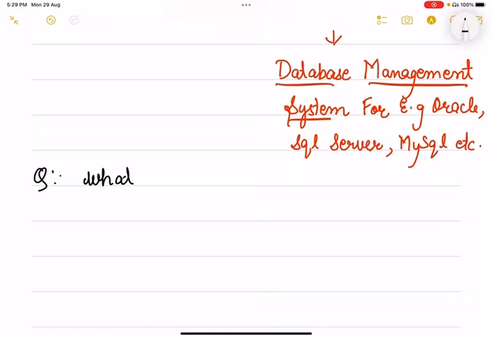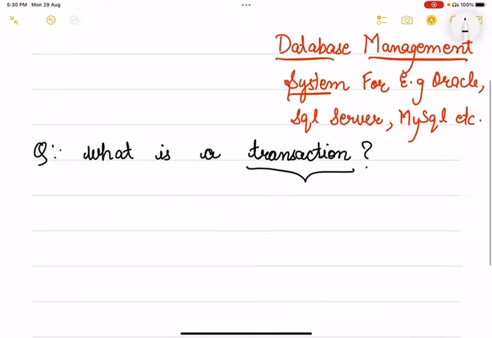Everyone should be clear with this term. What is a transaction? Any unit of work which we do either to access the database or to modify the database is a transaction. Okay, let me write.